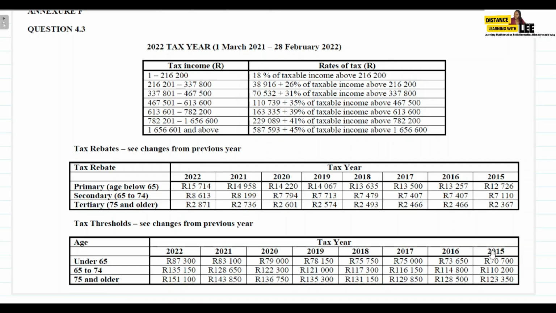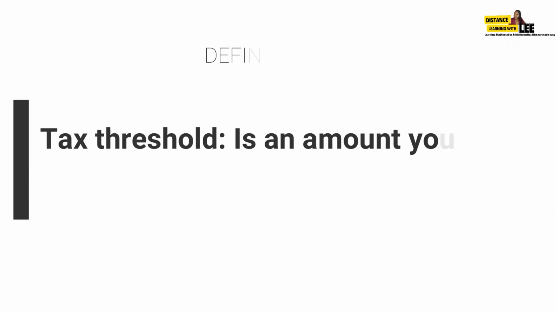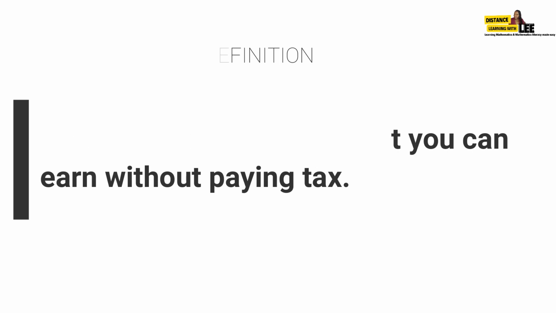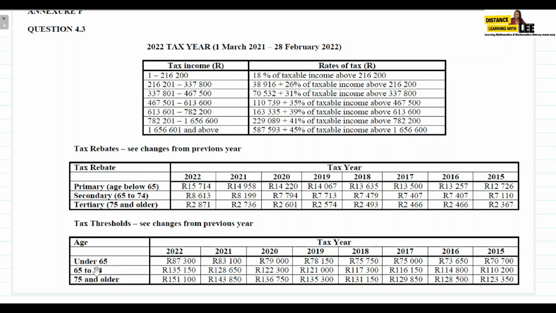Okay, and what is a tax threshold, right? So a tax threshold, guys, is an amount you can earn without paying tax. Okay, so for example, if you are under the age of 65 and you earn an annual income of 87,300, that means that if you earn an amount that is above 87,300, you will have to pay tax, right?